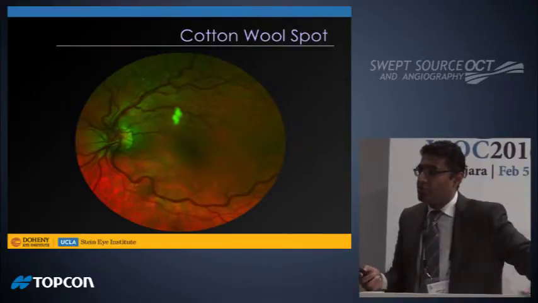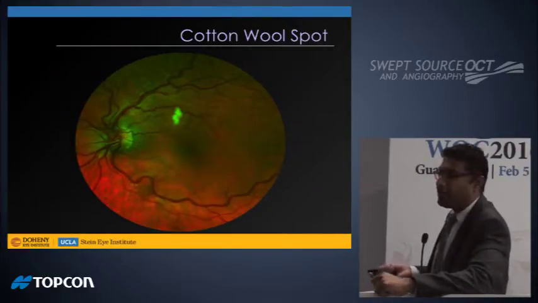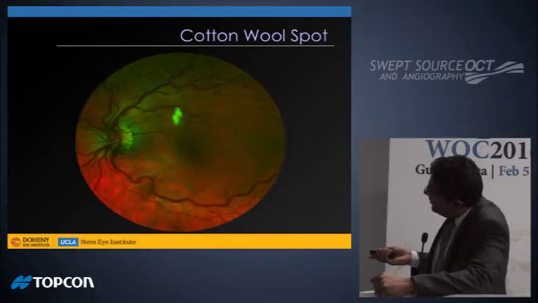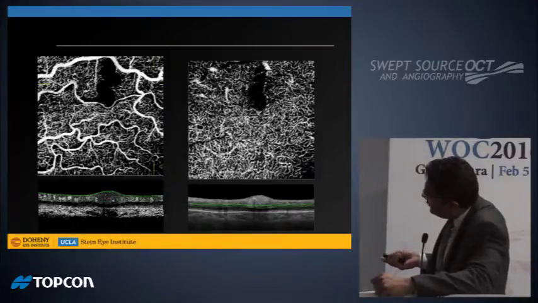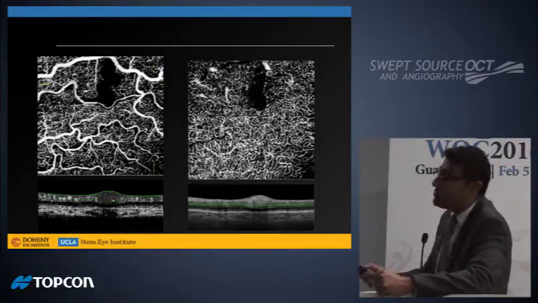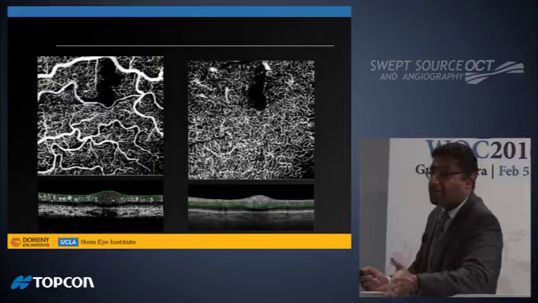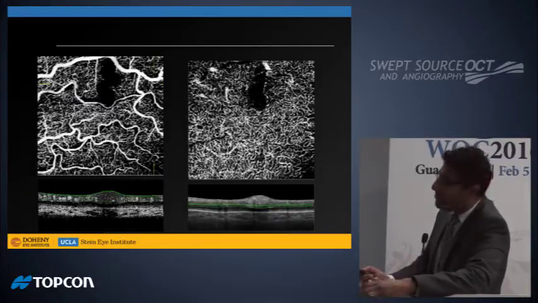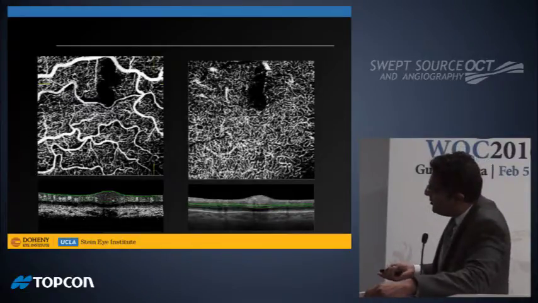This is a patient who presented with a single cotton wool spot. We're not sure why, actually. But just to show the superficial and the deep capillary plexus in this patient, you can see there really seems to be a significant defect. I suspect that the perfusion is probably reduced there, but you can also see that there is a drop in signal.